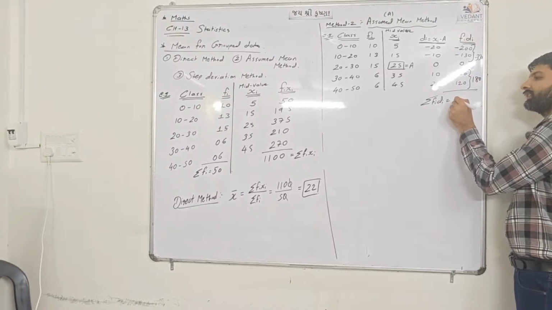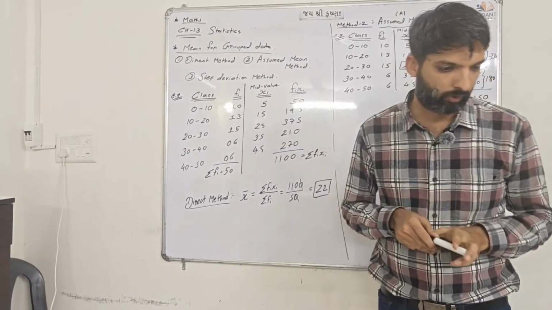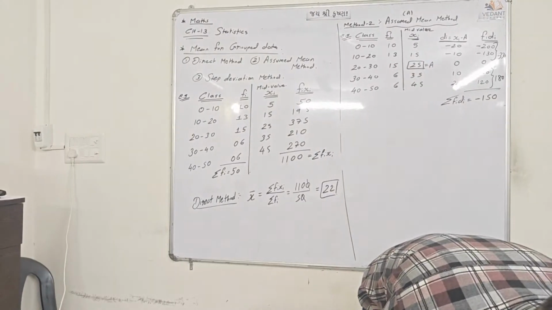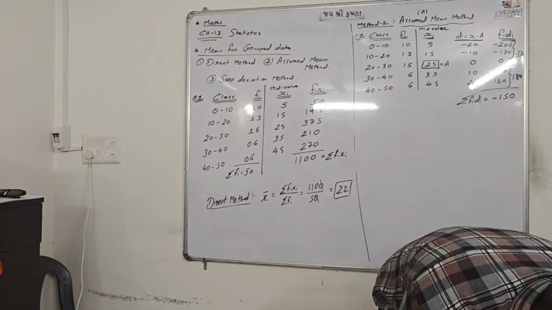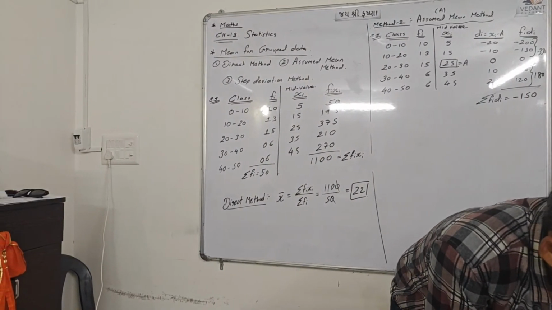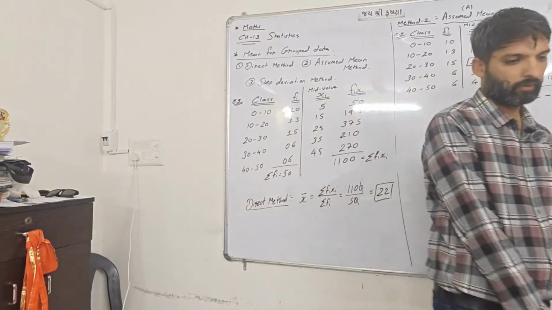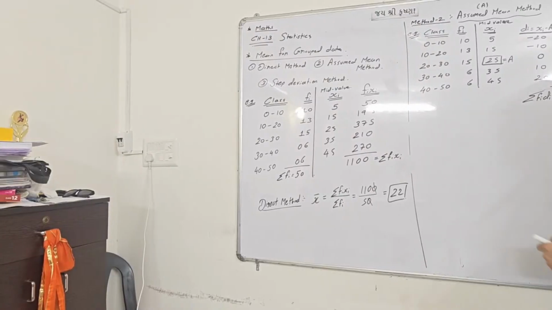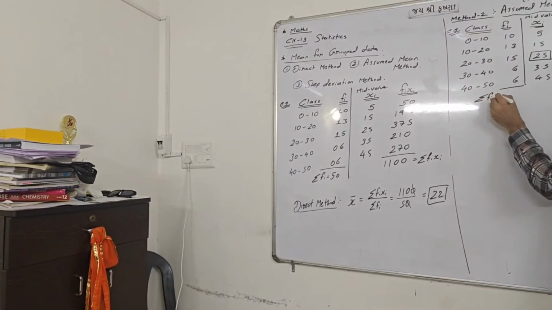So here I am writing minus 150. Okay, clear? Clear till this step? Again, you need this sigma fi, which is 50, that we know.